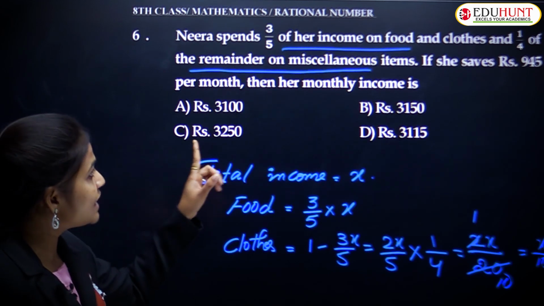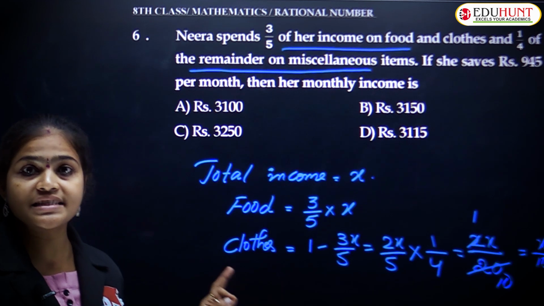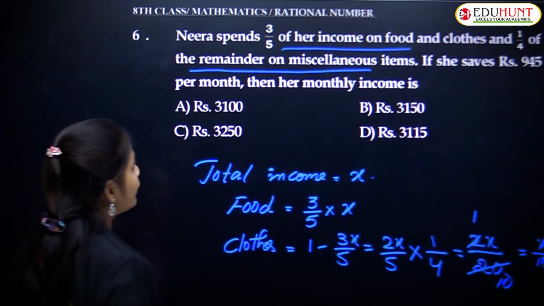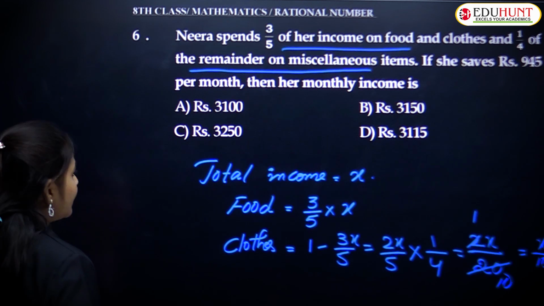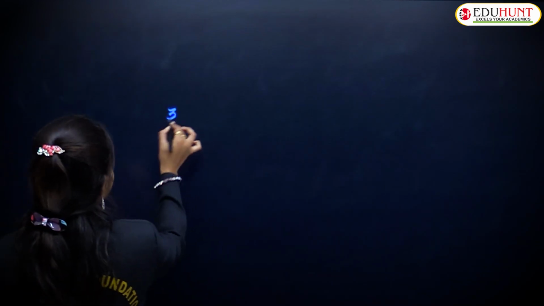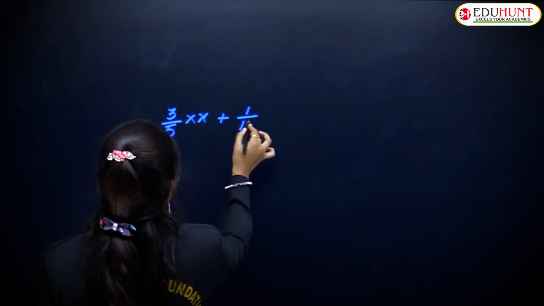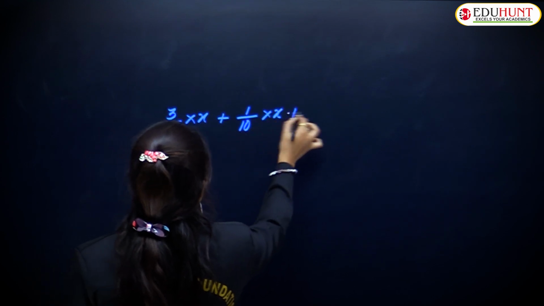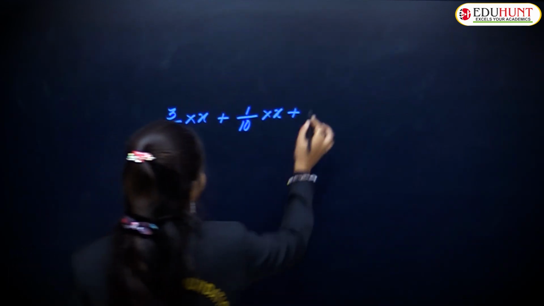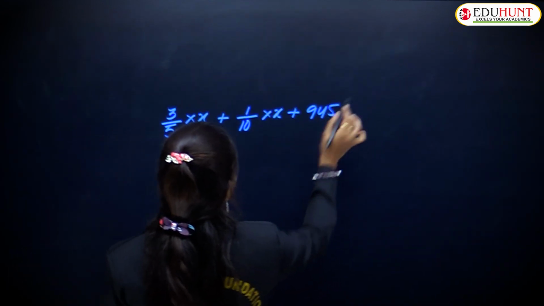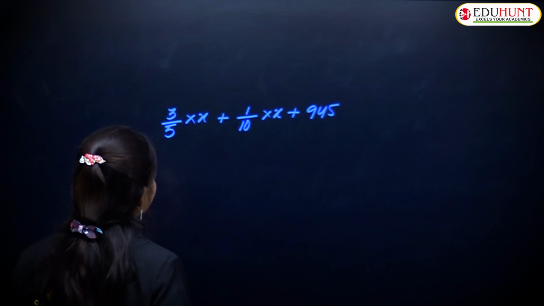Okay. If she saves 945 rupees, then total income they are asking. So, let us say that 3 by 5th part of x plus 1 by 10th part of x plus 945. Then what they are asking here? Total monthly income they are asking.